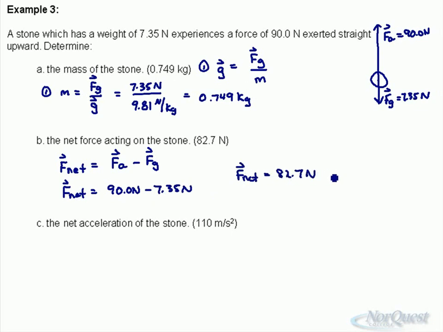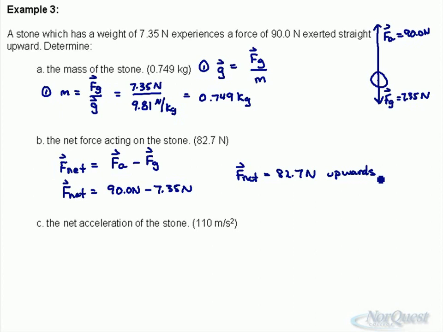And really, to be specific, I should say upwards in this question, because it really doesn't tell us that it's only asking for magnitude. So I should be stating a direction in this case. It is going to accelerate upwards, and it's going to accelerate very quickly upwards because there's a large difference in those forces.